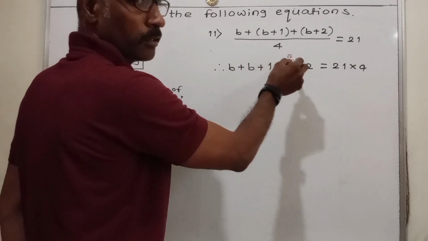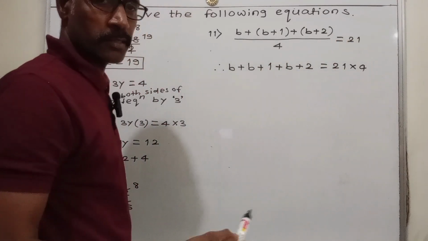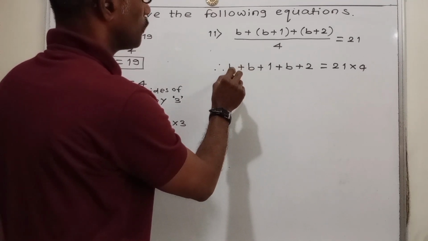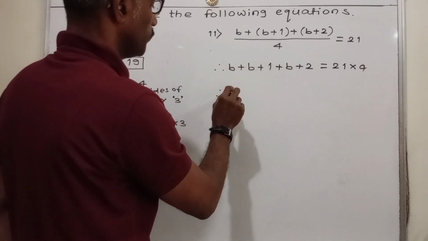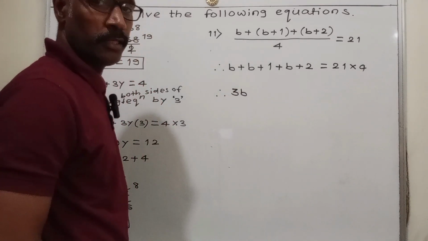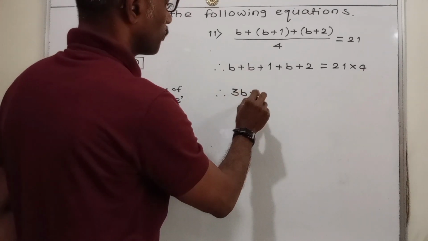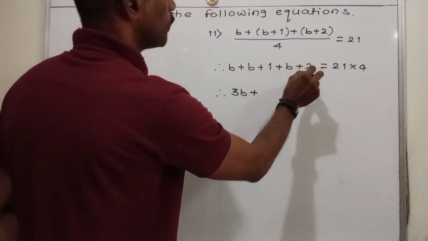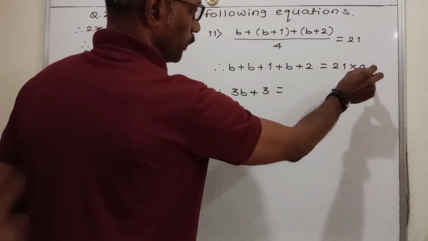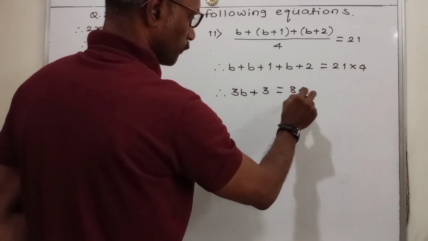Here division goes to the right, becomes multiplication. Now how many times b? 1, 2, 3. Therefore 3b plus 1 plus 2, 3 is equal to 21 into 4.